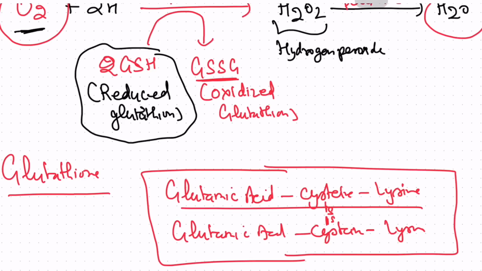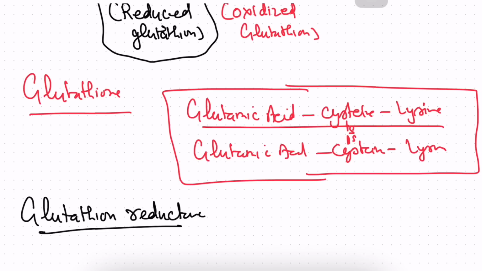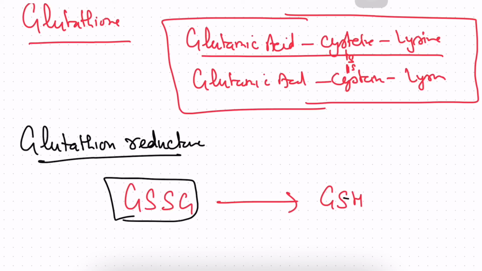Now how within the cell is reduced glutathione supplied? It happens by the action of the enzyme glutathione reductase. Now try to see here the role of glutathione reductase. It will convert GSSG into GSH. So this oxidized glutathione will be converted into reduced glutathione by the action of the enzyme glutathione reductase.